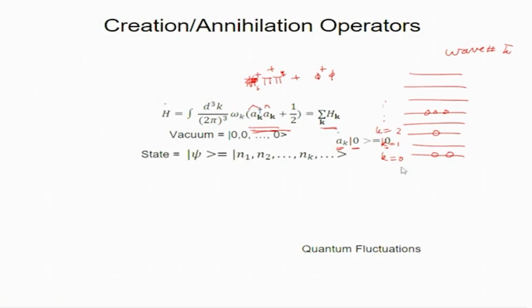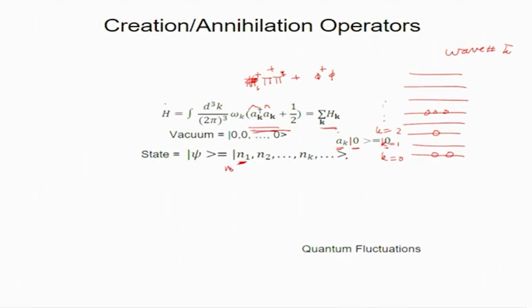Now we can also define a state psi. These properties can be proven, I am not proving it here. In general we have a state psi where for every wave number k there will be some number of particles. So k equal to 0 has, well I should put n0, then we have n1, n2, n3, nk.